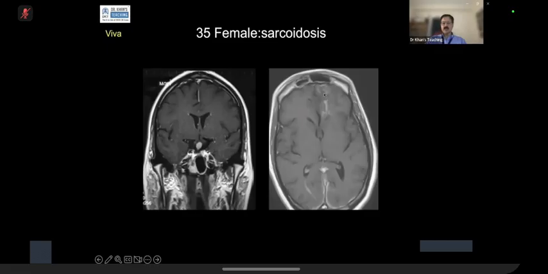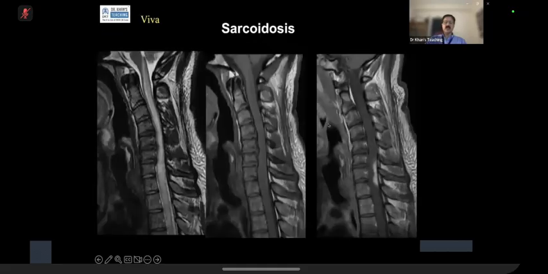If you stretch your imagination, this enhancement is going into the parenchyma. How? Through the VR spaces. Radiologically, you will feel as if there is an intraparenchymal lesion, but the spread is like that. This is why sarcoidosis is known as the biggest mimicker in neuroradiology. This is spine sarcoidosis.